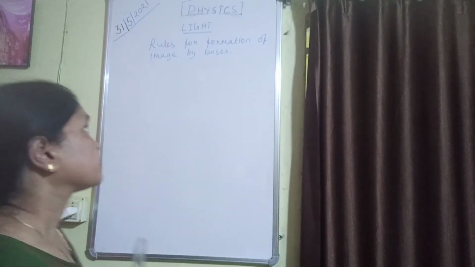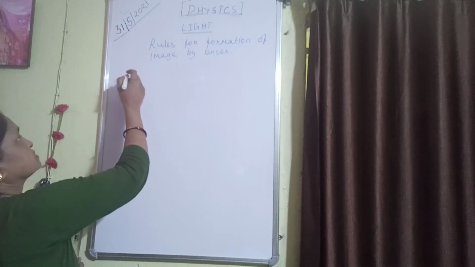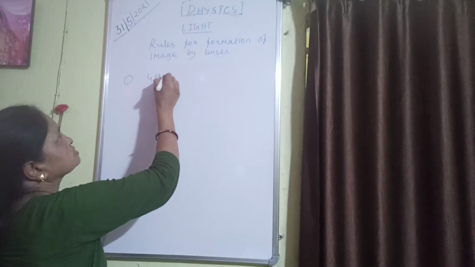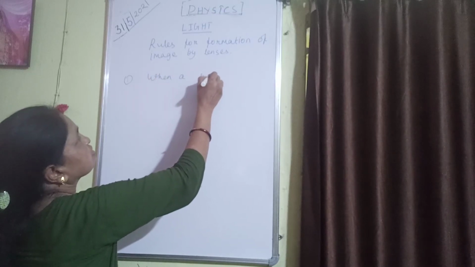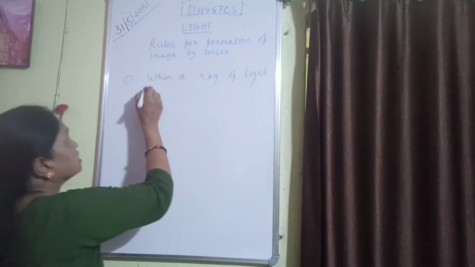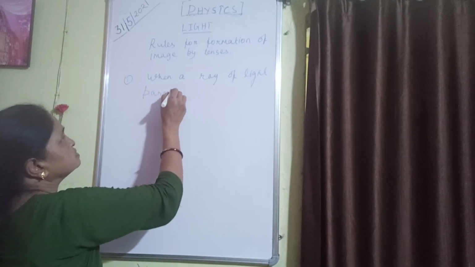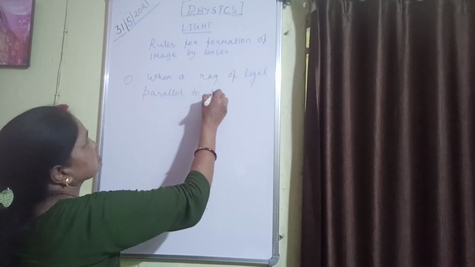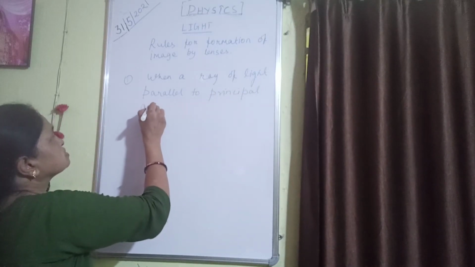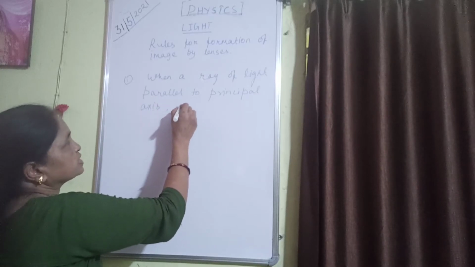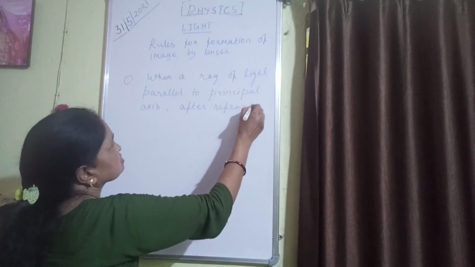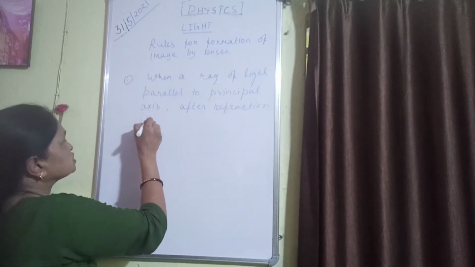So let's begin. The first rule is, when a ray of light parallel to the principal axis, after refraction, it passes through the focus.